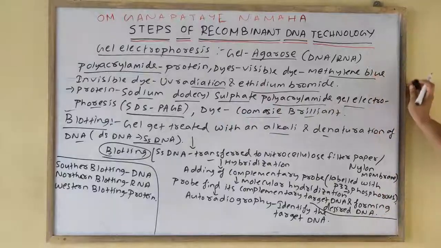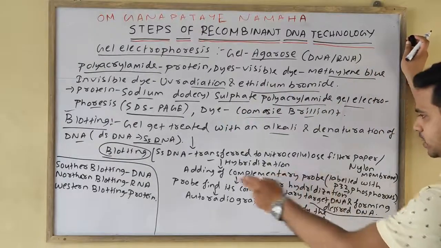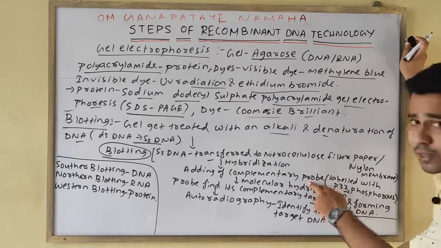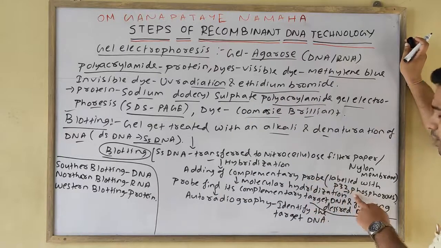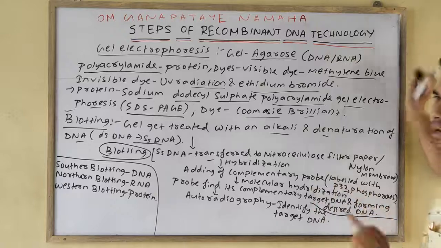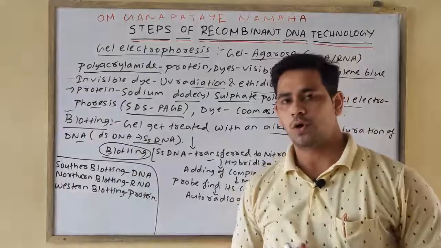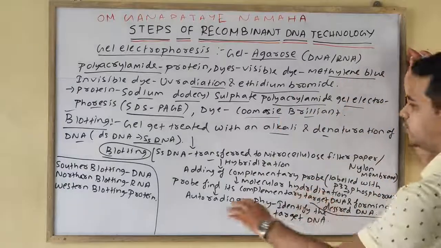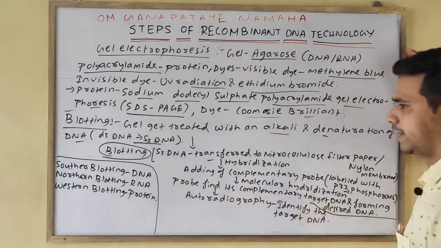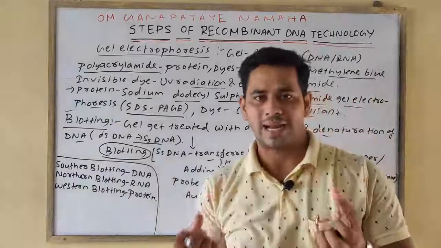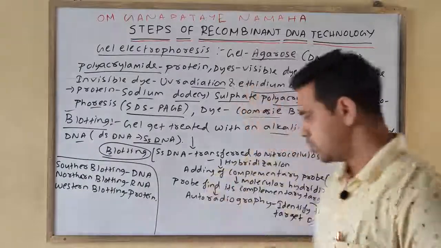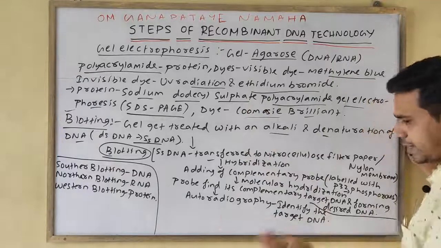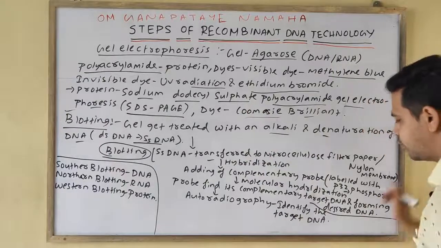In the hybridization process, the complementary DNA probe is labeled with radioactive phosphorus-32, which is the process of autoradiography, as I said earlier. Next, in molecular hybridization the probe finds its complementary target DNA, by which we find the target DNA or target gene product. At last, autoradiography is done by applying radioisotopes.